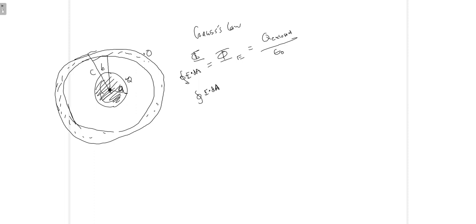But we do know that the dot product is basically, if the electric field is not perpendicular to the unit normal vector n of some surface, then there's an angle theta, and the dot product will take the cosine of that.